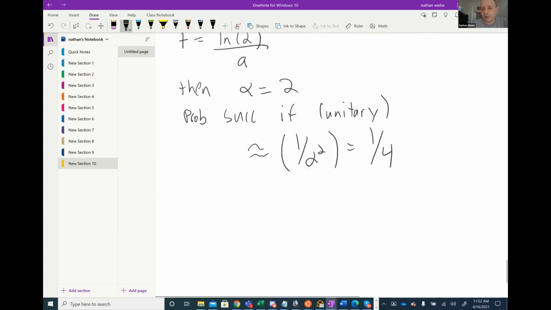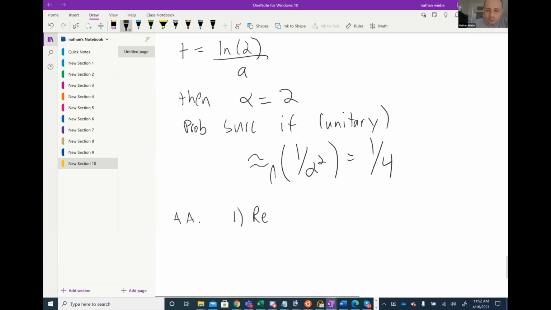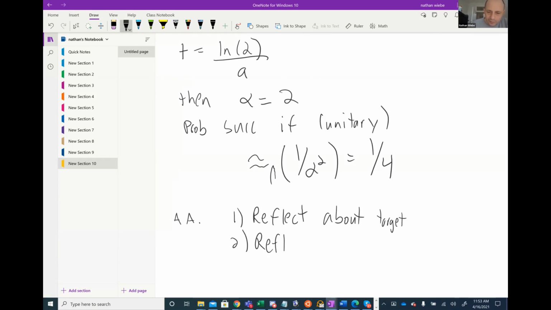And the way that you do amplitude amplification is basically you need to do 2 steps. One, you need to reflect about the target. And 2, you need to reflect about the initial state that you start with.